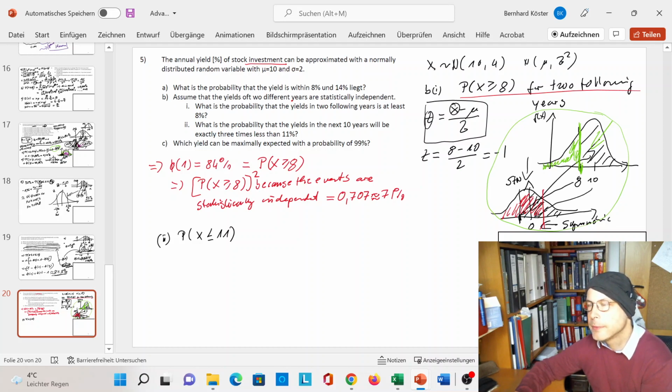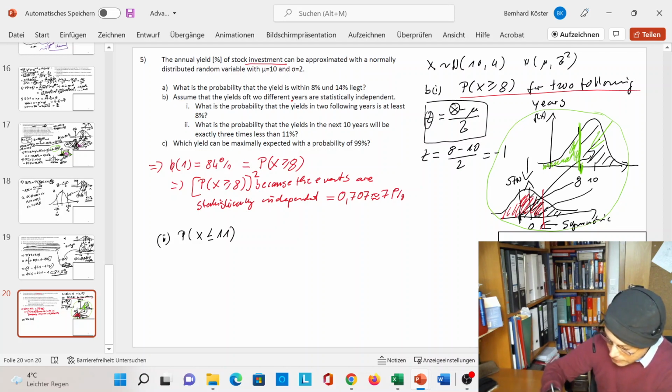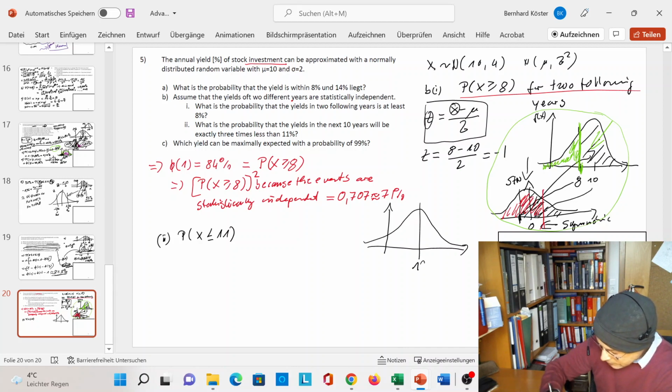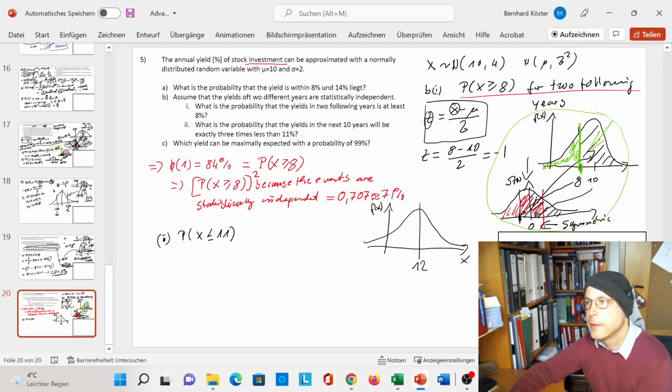What are we doing? In our diagram again, f of x, x, which area we are interested in.